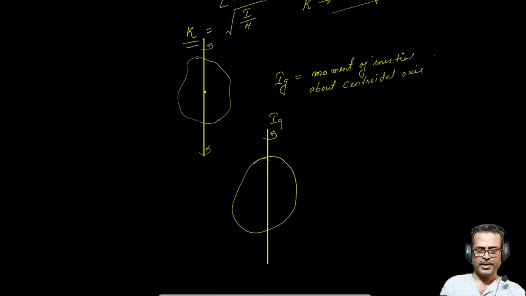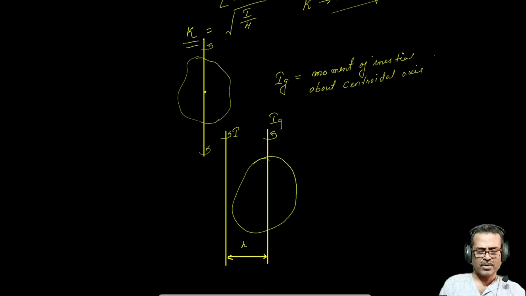Now if we move this axis to a distance h from it, then what will be its moment of inertia? This is, say, I.